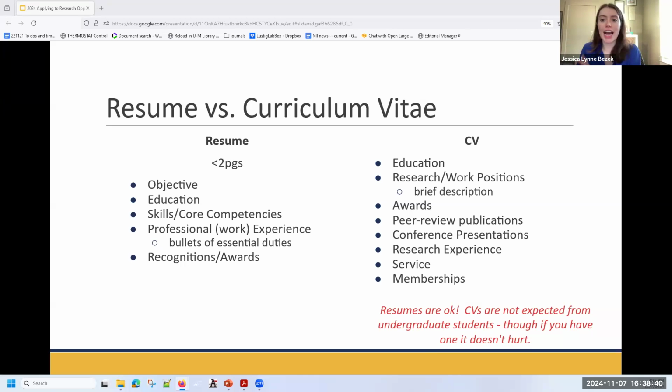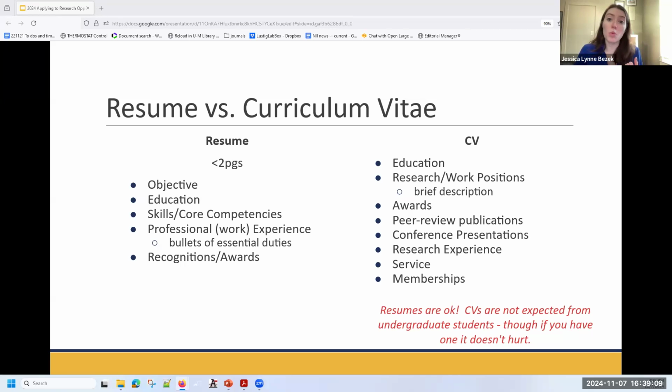Now, if we contrast that with a CV, as you can see, the CV has this kind of pretty specific format for things that would be relevant to a research career. So we first are going to highlight your education. That would list where you are currently attending undergrad. Oftentimes people will list their major and their GPA. You would have research or work positions that you've held, as well as a brief description of what you did in those positions.